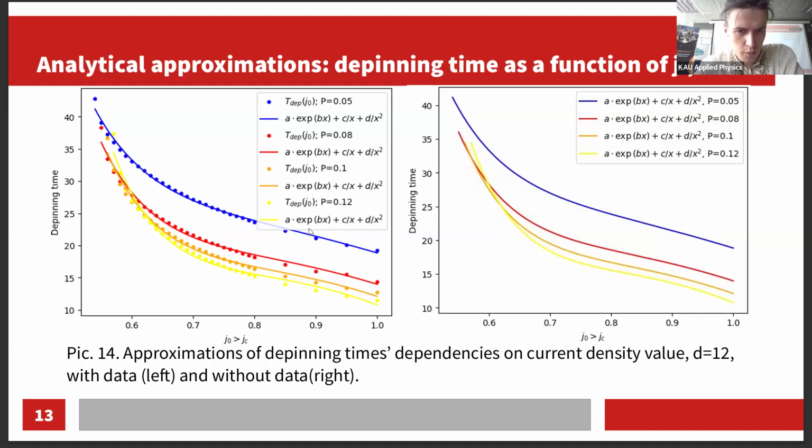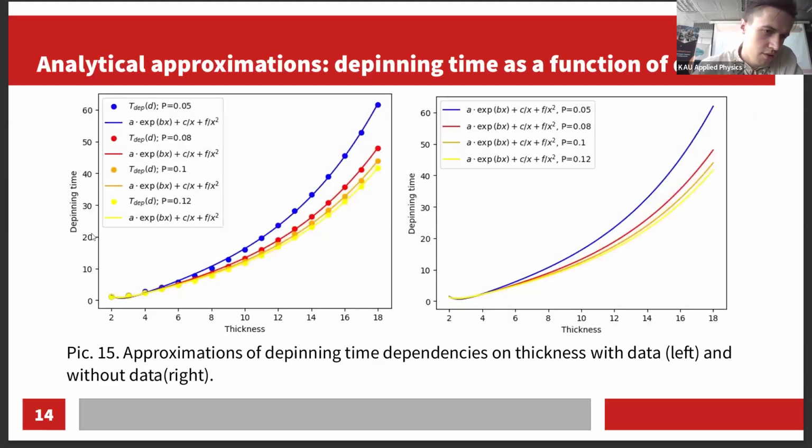So we won't mention the coefficients themselves, but we can say that these dependencies are approximating our results quite well. And here is again the dependence of pinning time on the thickness of a sample with and without data.